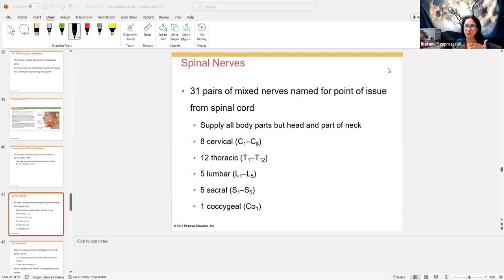They do not have specific names as we discussed for the cranial nerves. So 31 pairs means 31 on the right side and 31 on the left side.